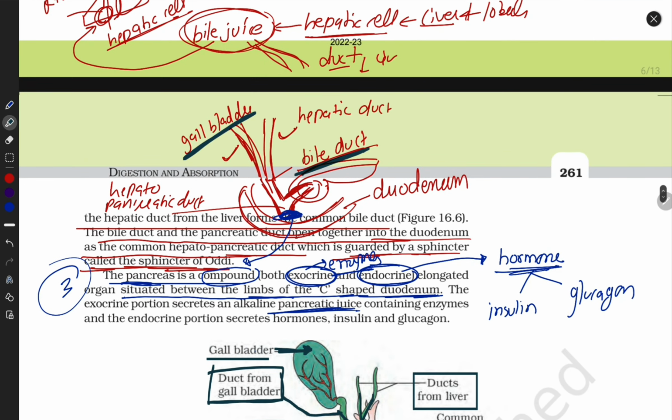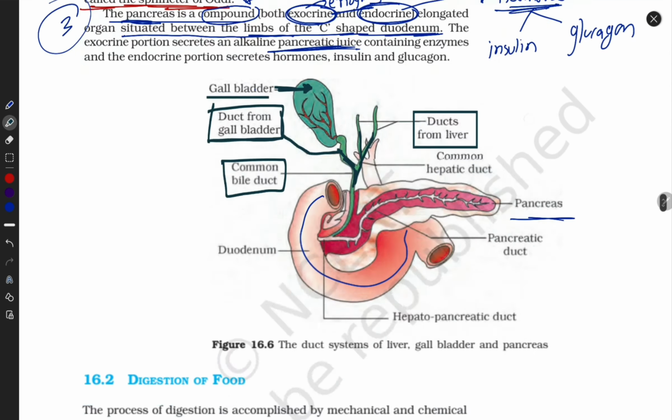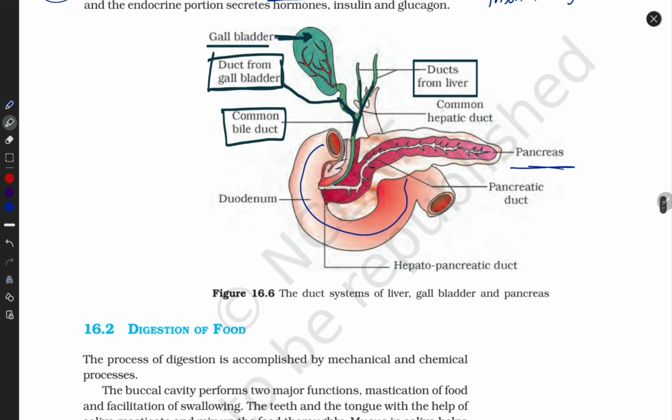One duct is coming from the gallbladder and another from the hepatic duct. This is the common hepatic duct. Now this duct opens towards the pancreatic duct, and here a sphincter is also situated. According to your syllabus, the sphincter of Oddi is located here, which passes enzymes towards the duodenum.